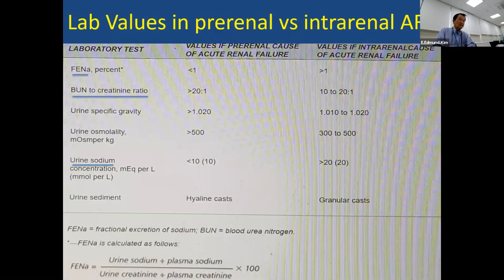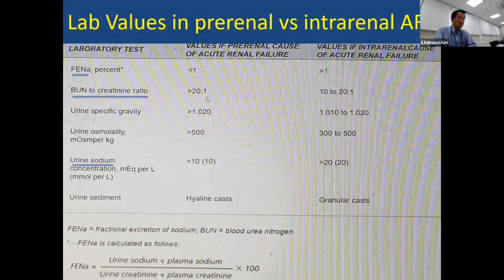So usually we have this, as I mentioned, BUN creatinine ratio. If this ratio is greater, then there's a pre-renal vascular disease. Intrarenal is usually normal range.